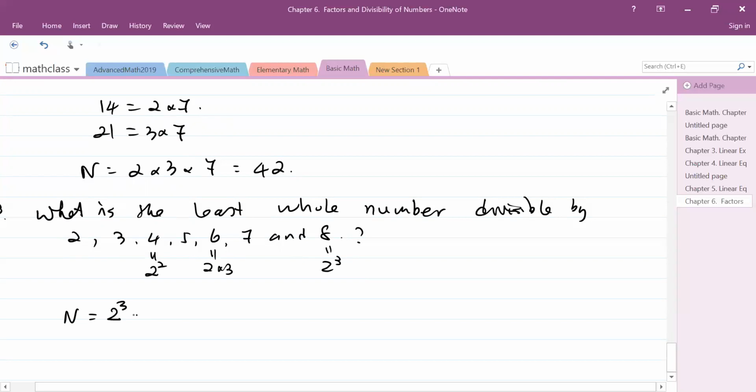If it contains 2 cubed, then don't worry about those 2's here. Then you also should be divided by 3, then by 5, then by 7. That's it. If it contains all those factors, you're fine.